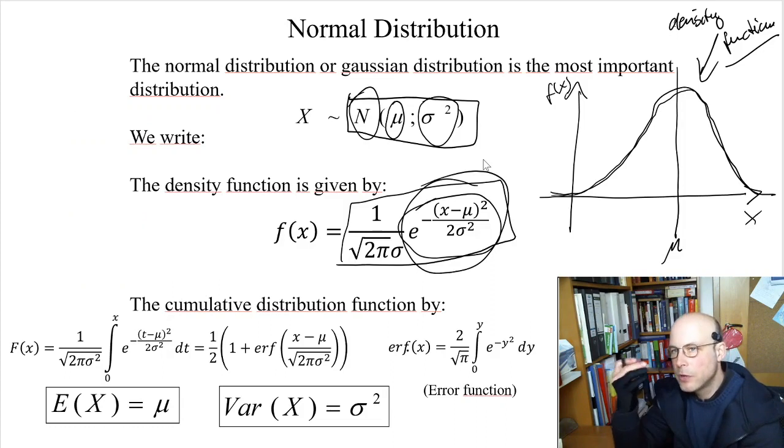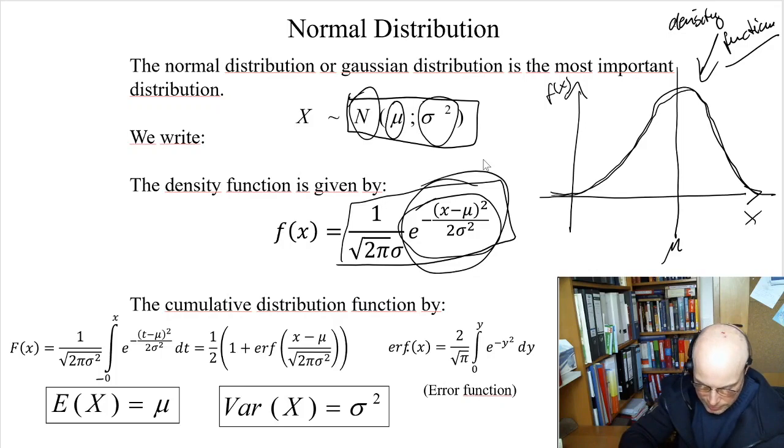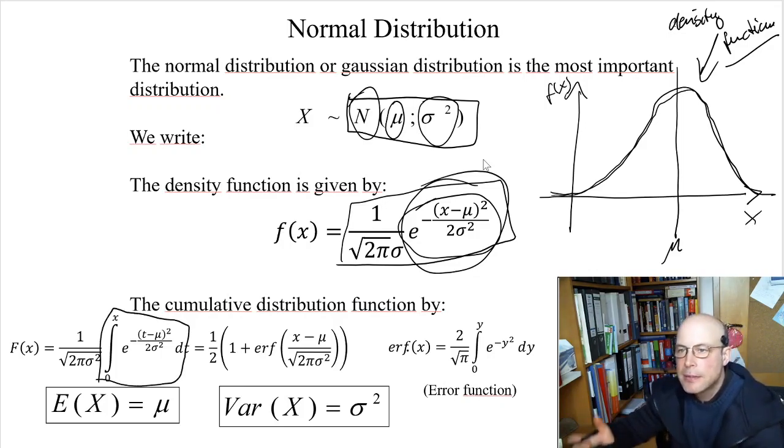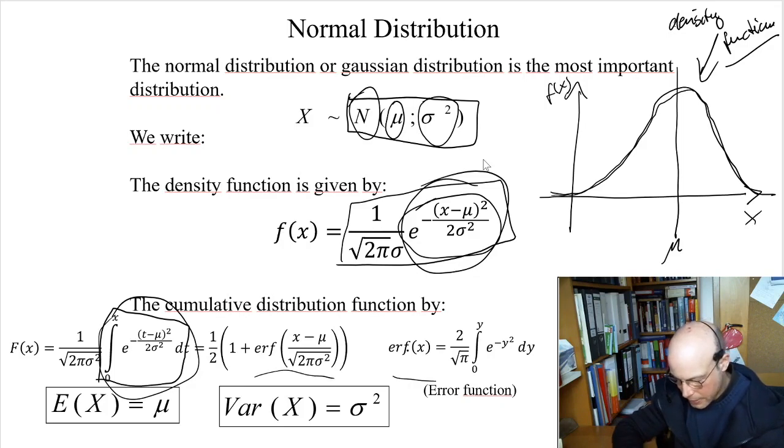And if we want to calculate the cumulative distribution, then we have a problem, because this integral cannot be solved analytically, and therefore we just write a new function which symbolizes this integral, and this we call the error function, which is defined in this way.